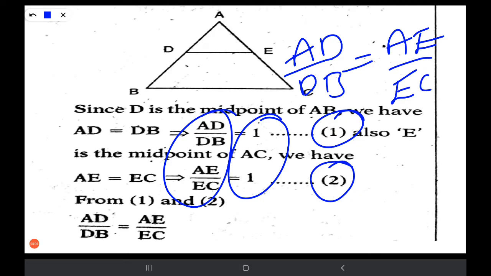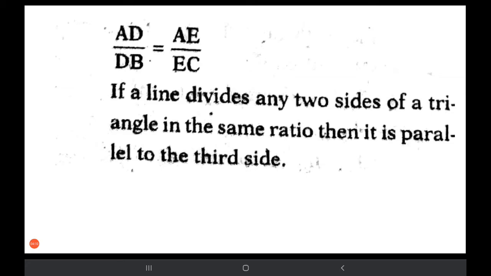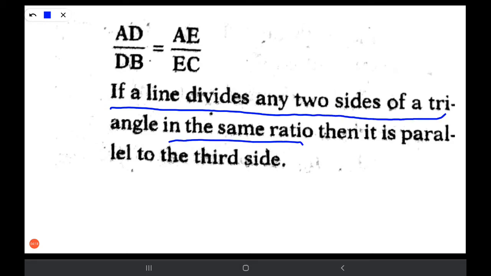This is nothing but the converse of the basic proportionality theorem, because we have this statement: if a line divides any two sides of a triangle in the same ratio, then it is parallel to the third side.